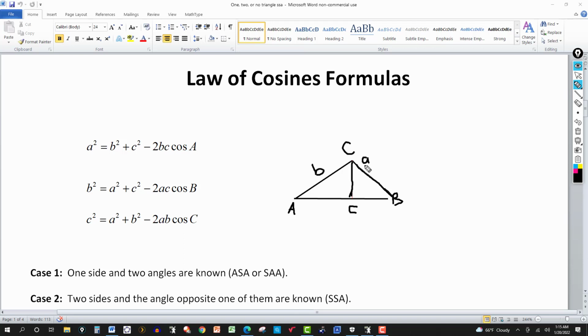But if a is less than b but greater than h, you could have this scenario where we have this triangle over here, an obtuse triangle, or you could have this triangle here, acute angle. Obviously, if a is less than this altitude here, you can't form a triangle. So that's the case where you have no solution or no triangle possible.